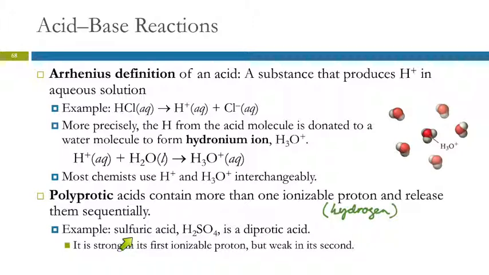So an example is sulfuric acid, which is on our list of strong acids. It is a diprotic acid, so we see from its formula H2. It's got 2 ionizable hydrogens. The first one is a strong acid. It will ionize completely. All of the H2SO4 molecules will lose one of their hydrogen ions. Losing the second one, though, it's a weak acid.